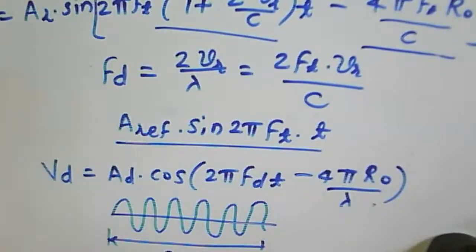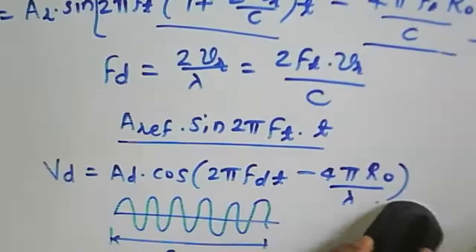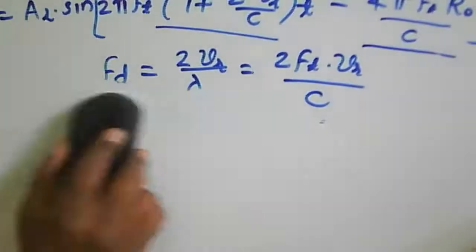Because of that, we have to consider the duration of the pulse, whether it is a long pulse width or a small pulse width. According to that, we say what echo signal we are receiving here. Now we'll proceed further regarding the same.